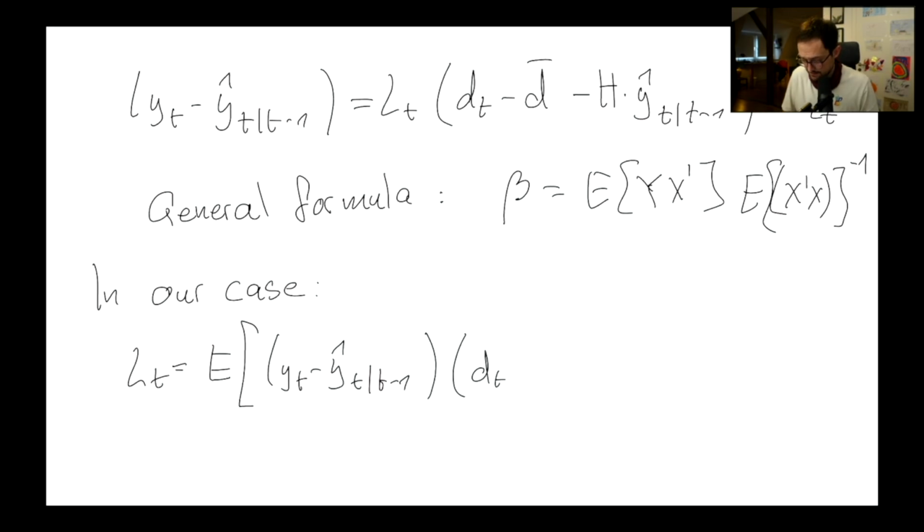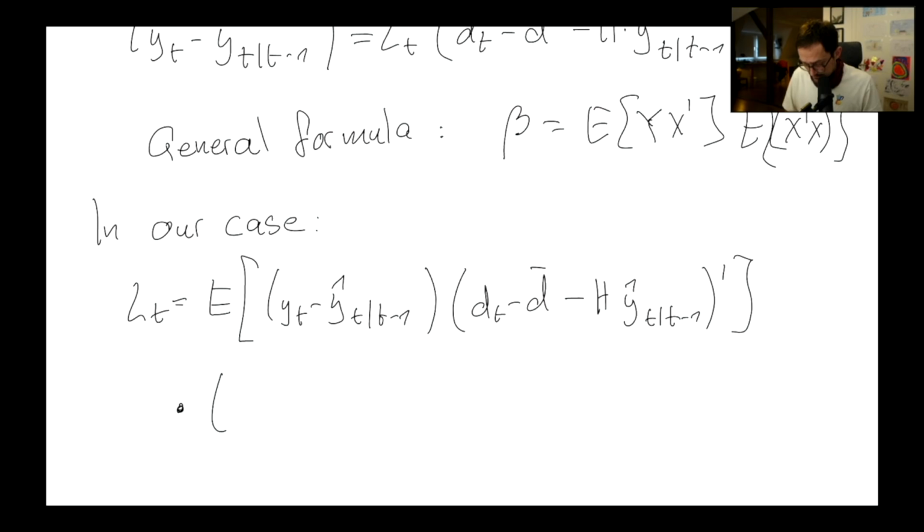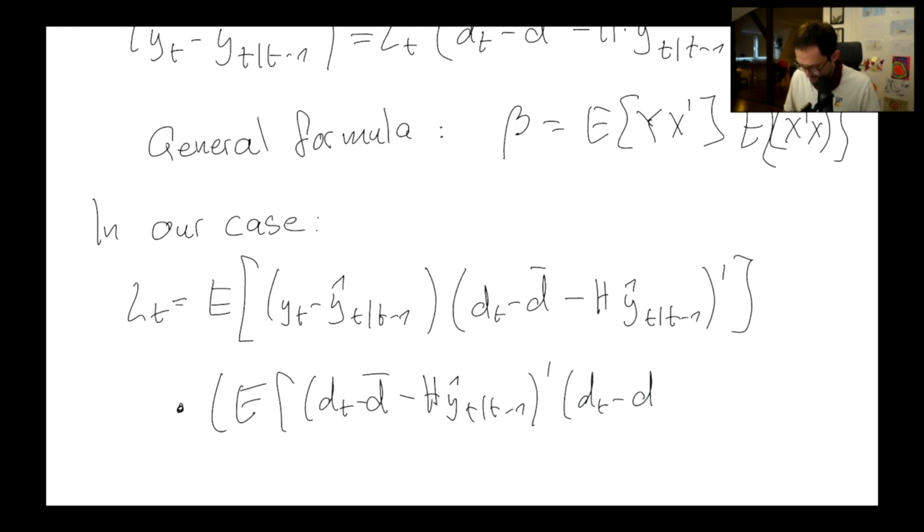Right-hand side, (dt minus d bar minus h y hat t given t minus 1) prime, times the inverse of the expectation of (dt minus d bar minus h y hat t given t minus 1)(dt minus d bar minus h y hat t given t minus 1) prime.